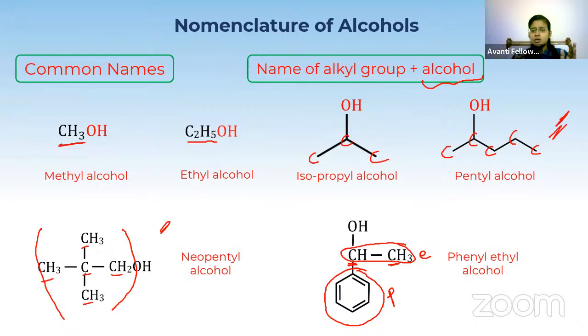This alkyl group concept is already there in your class 11. You have all studied that, right? The names of the alkyl groups and their formulas, in the lesson on some basic concepts of organic chemistry, in your previous year. Yes, right?